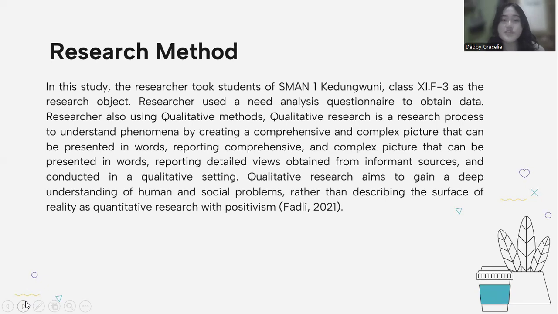Researchers are also using qualitative methods. Qualitative research is a research process to understand phenomena by creating a comprehensive and complex picture that can be presented in words, reporting detailed views obtained from information sources and conducted in a natural setting.